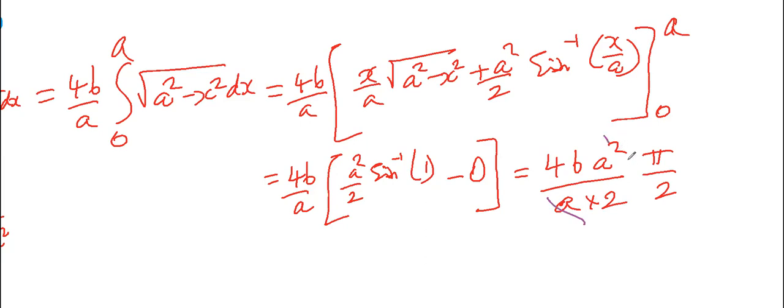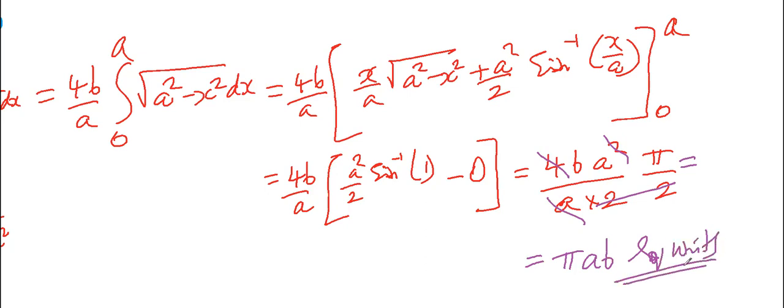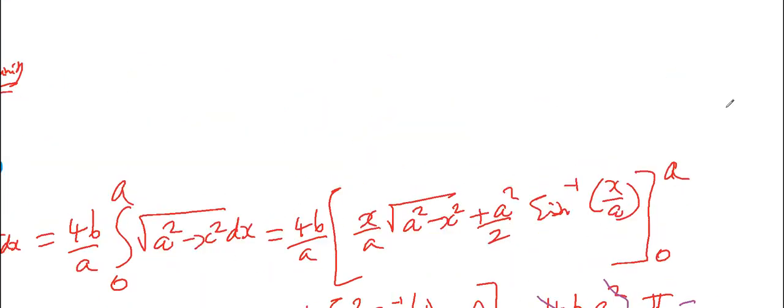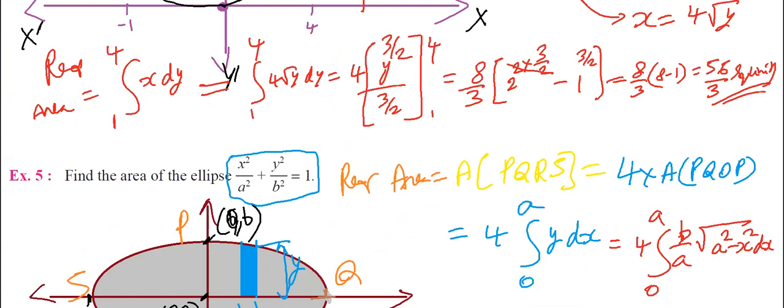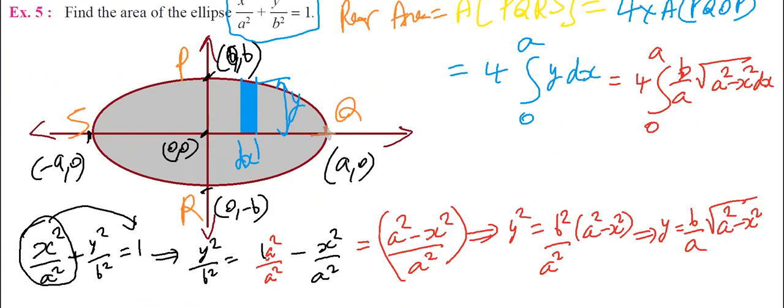The a cancels, the 2 and the 4 also cancel, and you get pi ab square units. This is the area of the required shape, that ellipse. So the area of this particular shape is pi ab square units. Clear?